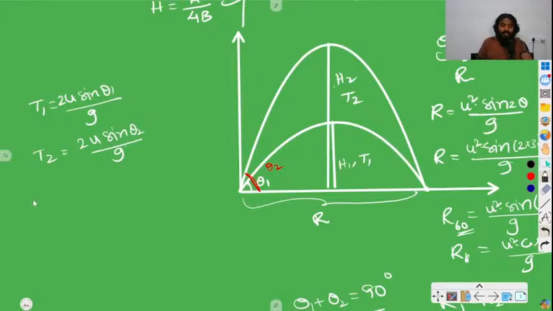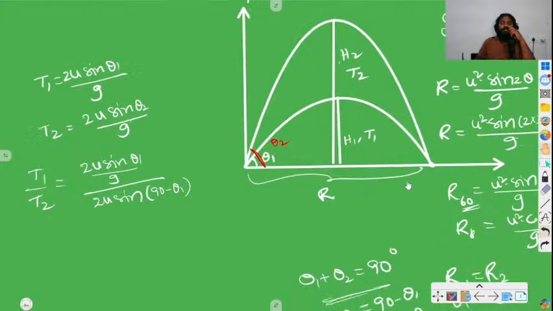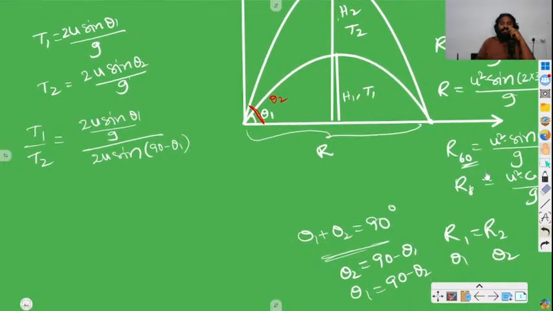Okay, do remember that. Now if you perform t1 by t2, then 2u sine theta 1 by g divided by 2u sine theta 2 by g, and in the place of theta 2 you can write 90 minus theta 1, right? If you observe, theta 1 plus theta 2 is 90, so theta 2 is 90 minus theta 1.